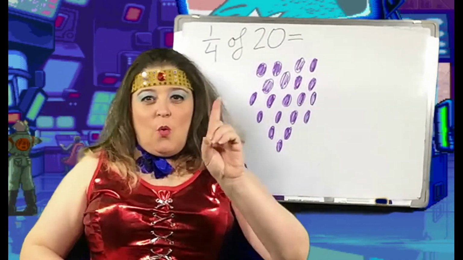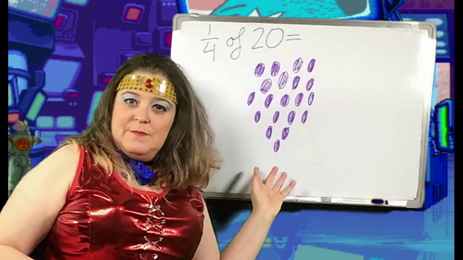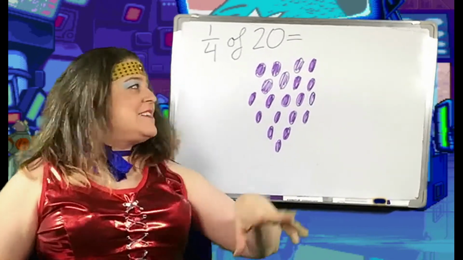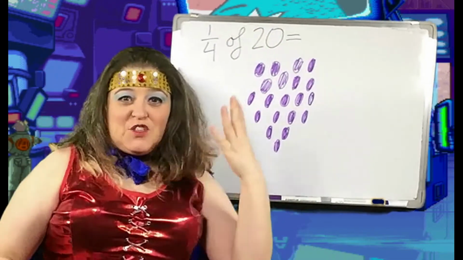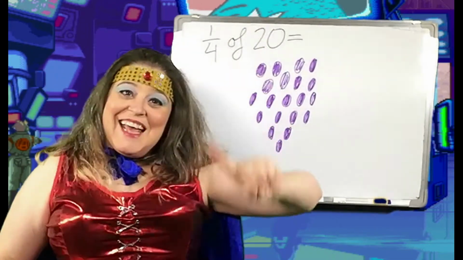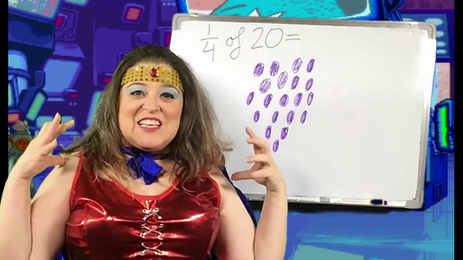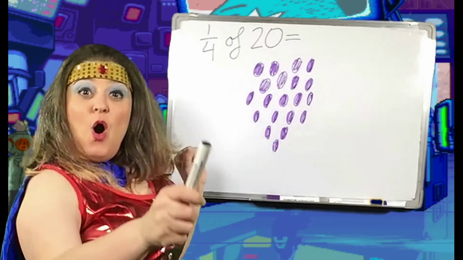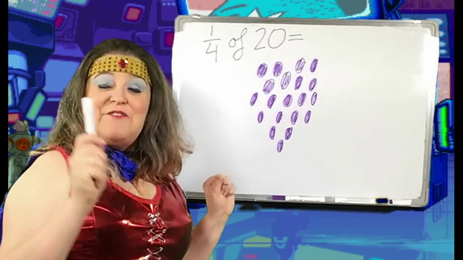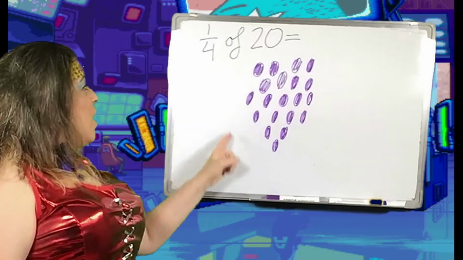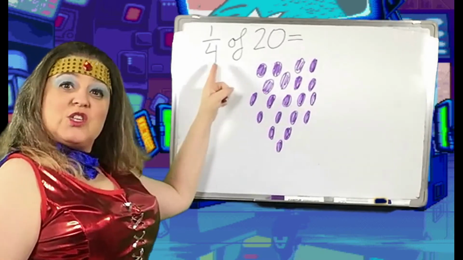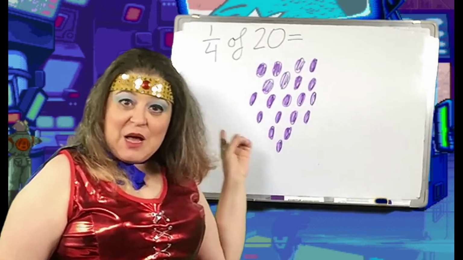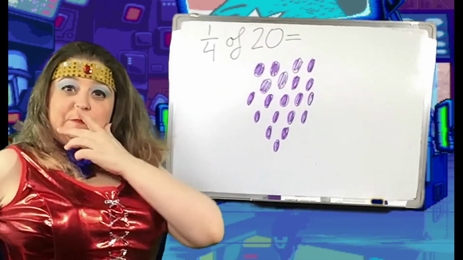Remember, when you circle them, you need to make sure that if you divided them into 4 equal groups, each group will have the same number of grapes. You can do it that way, or you can use a division. So work out 1/4 of 20 and circle that many grapes.